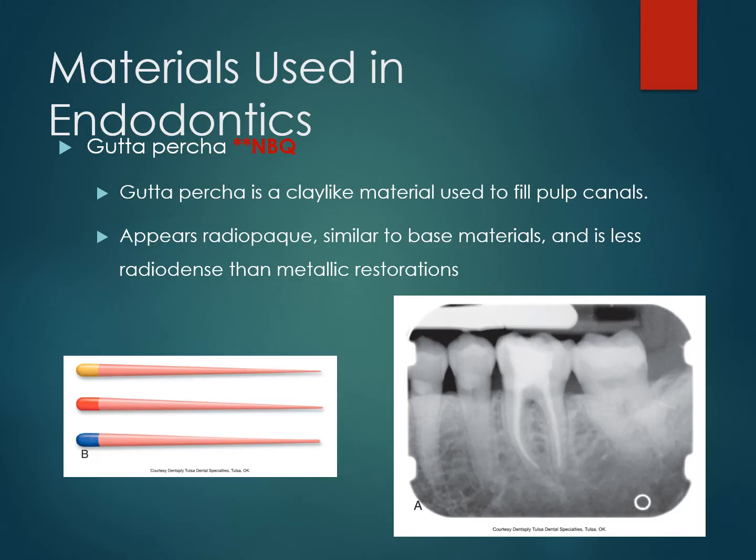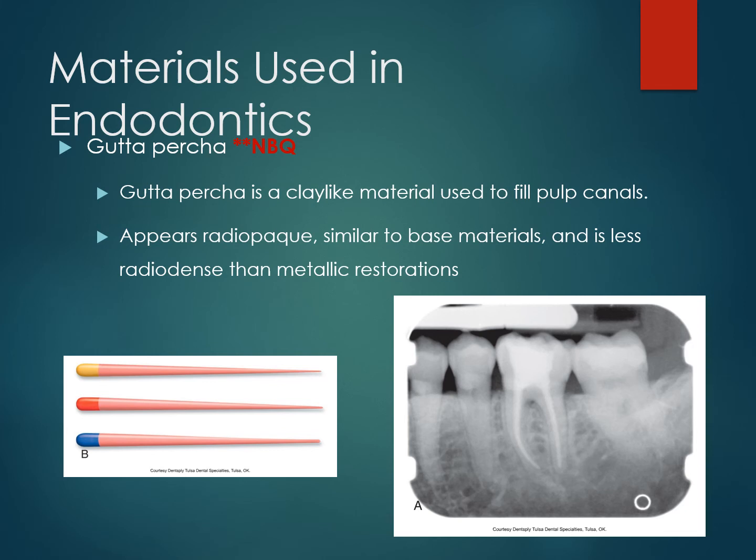So up next is gutta percha. Gutta percha is what is used in endodontics or root canals, right? A root canal treated tooth has gutta percha placed inside those pulp canals. And gutta percha is a clay-like material. If you've ever played with one of these gutta percha points, they're actually really cool.